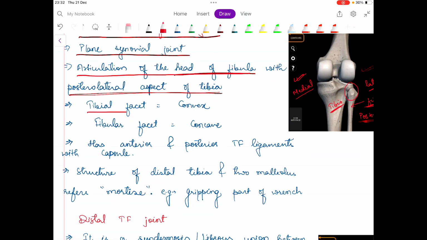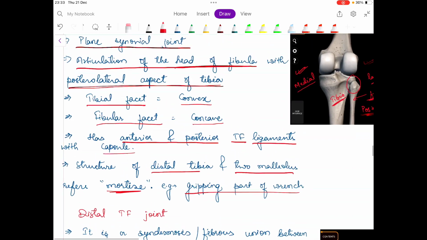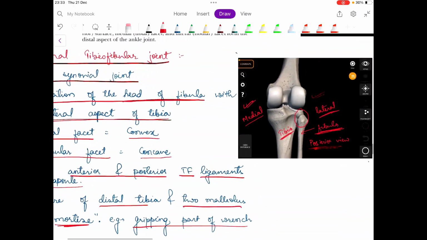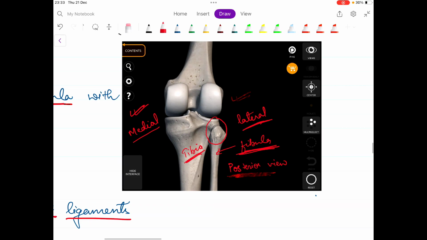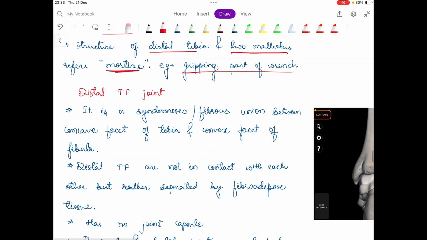Okay, now the tibial facet is somewhat convex in nature, and the fibular facet is concave in nature. It has anterior and posterior tibiofibular ligaments with capsules. Okay, so this was all about your proximal tibiofibular joint, which is already clear if you look at this video very closely. Okay, now let's get back to our distal tibiofibular joint.